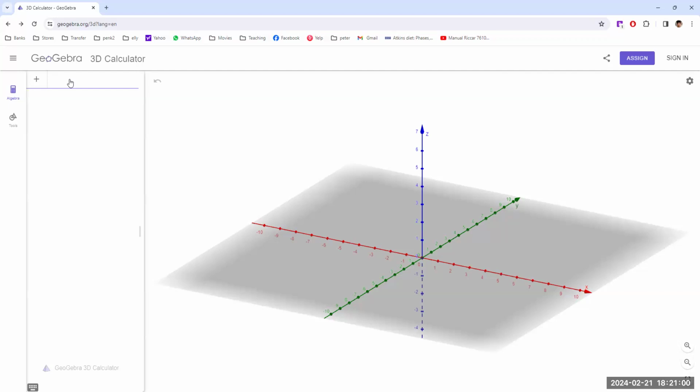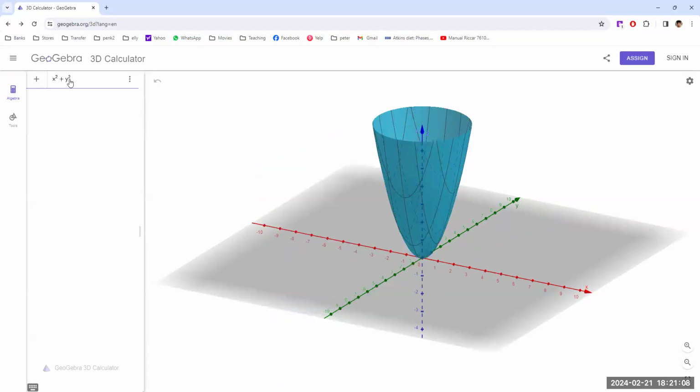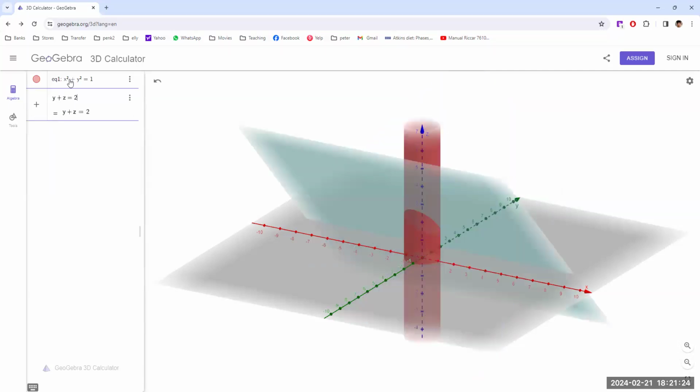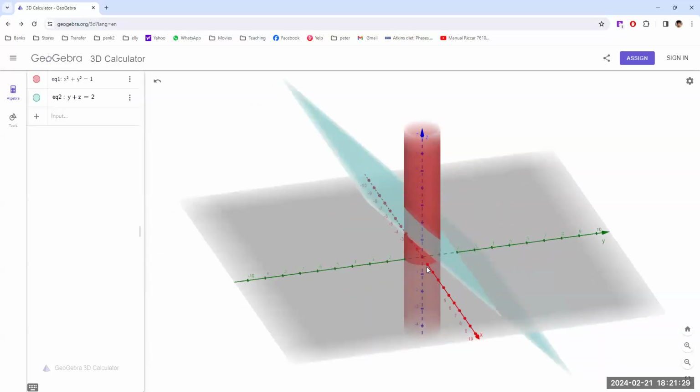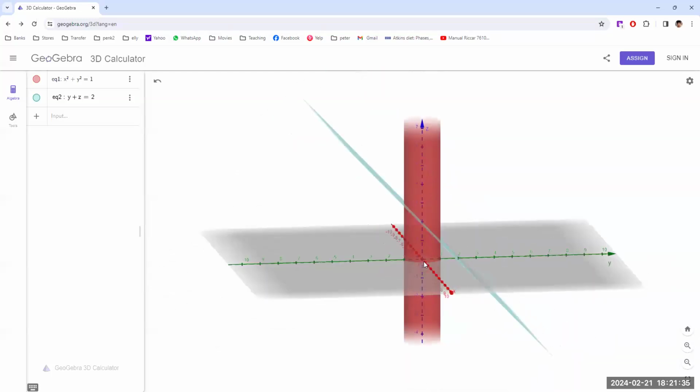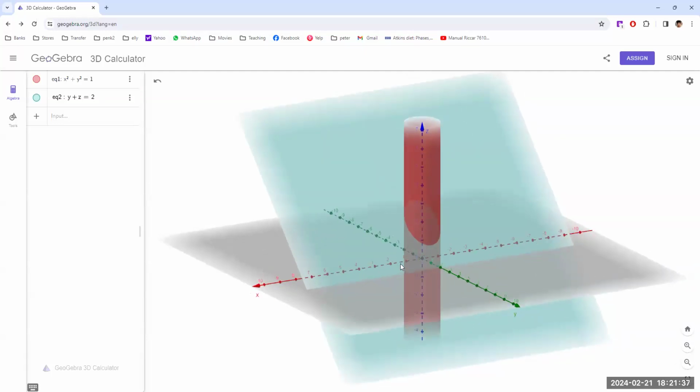This is only to help you visualize that. x squared plus y squared equals 1. That gives us a cylinder, right, with radius 1, parallel to the z-axis. And then we intersect that with another plane, y plus z equals to 2. Okay, you see, this is what it looks like. And the nice thing about this, you can actually play around the view. You see what I mean?